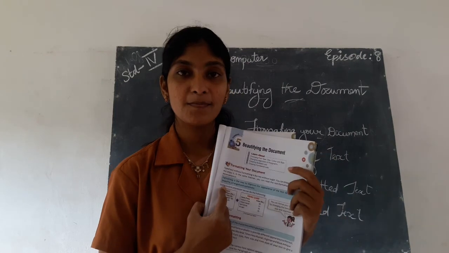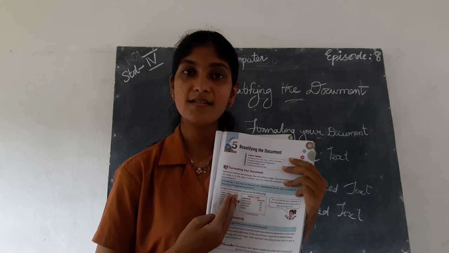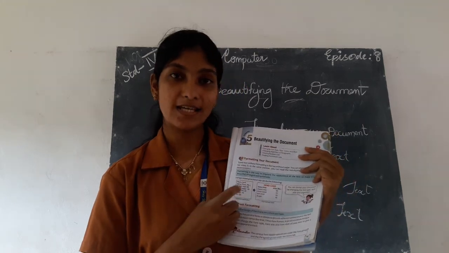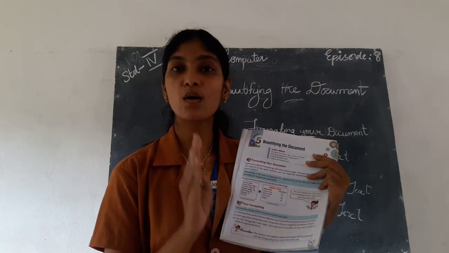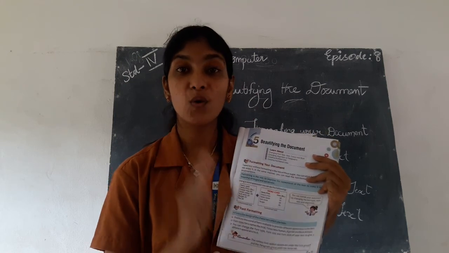Using a word processor, we can convert unformatted text into formatted text. The first figure represents unformatted text. That means there is no arrangement or standard way. The second table represents formatted text.